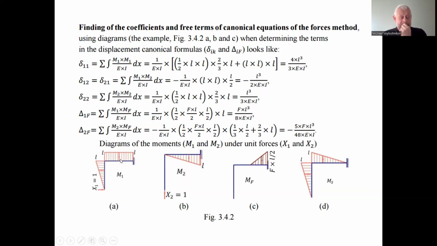As the diagram of the bending moment for the first direction of the unit force is evenly distributed, we have L.